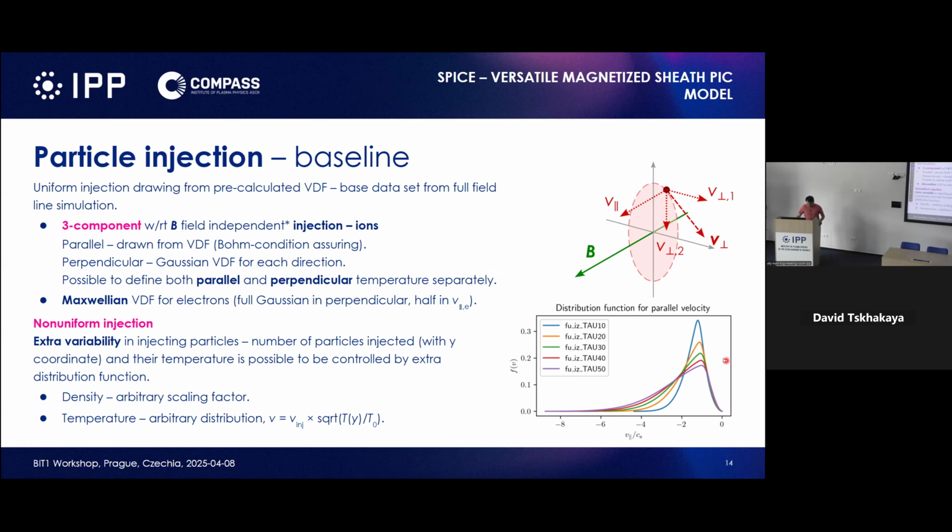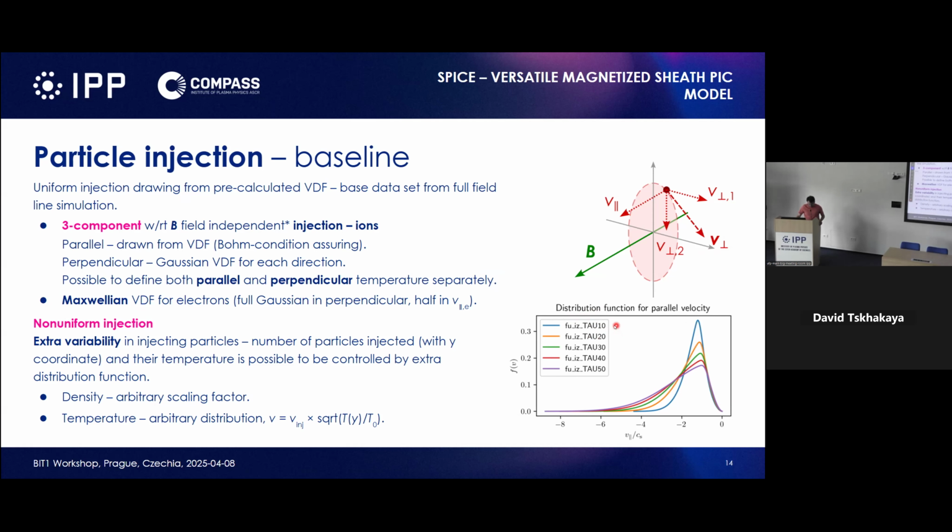We also have tried to cross-implement the functions that David simulated, and the compatibility is there. So this is an example of how these different distribution functions look with the parameter which is the temperature ratio of ion to electron temperature.